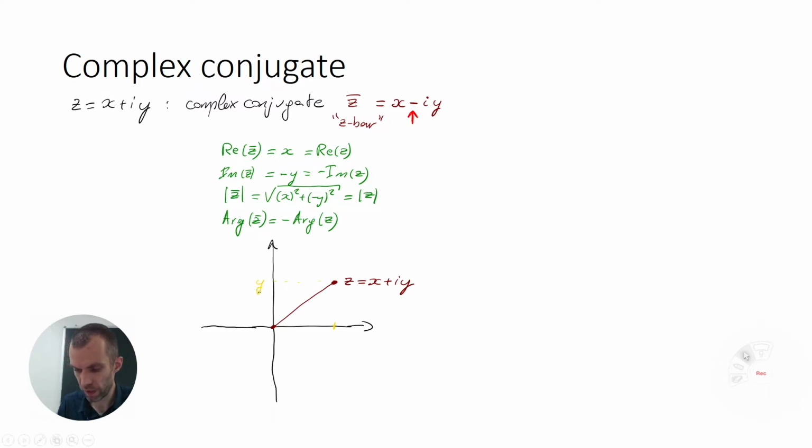So if this is y here, then our conjugate has coordinate minus y, and we end up with this point right here for the complex conjugate. And so the complex conjugate is basically what you get if you reflect the number z across the x-axis. So these two points are each other's reflection across the x-axis, or across the real axis.